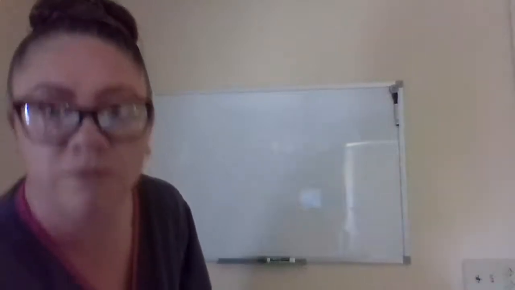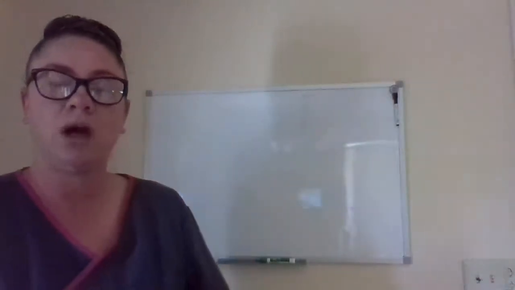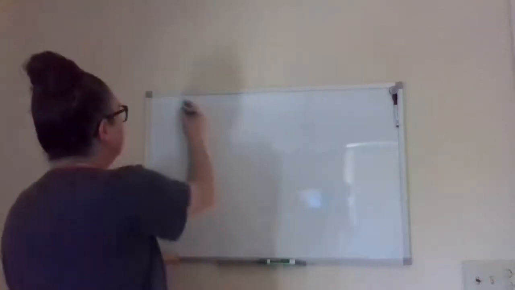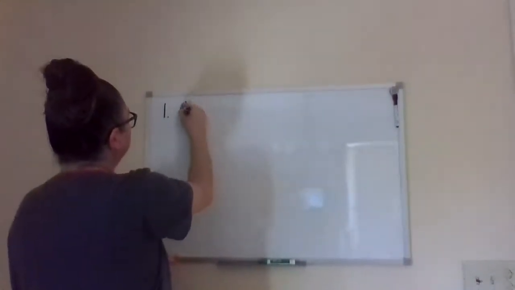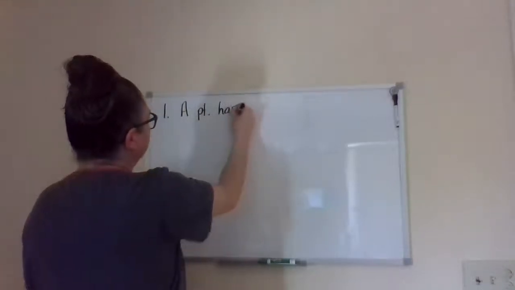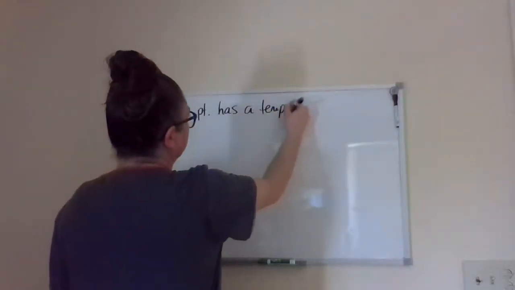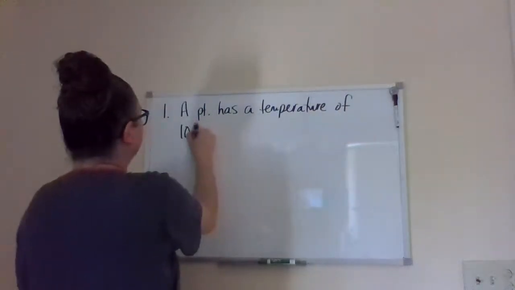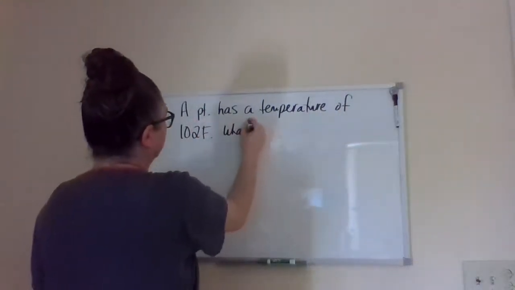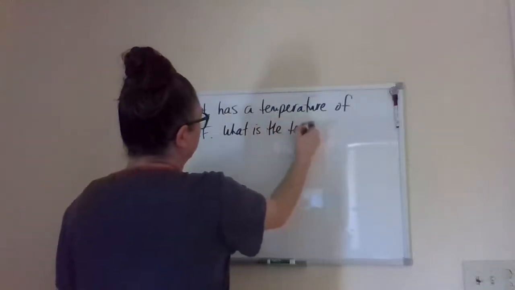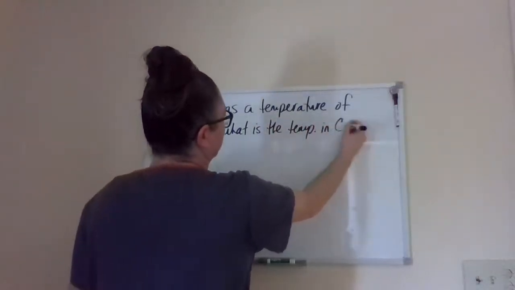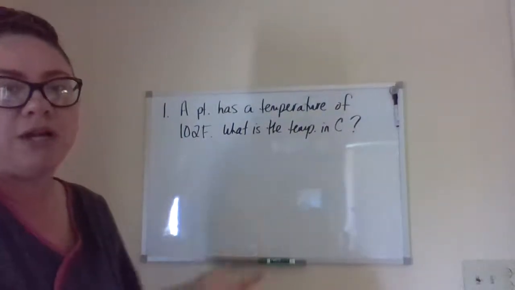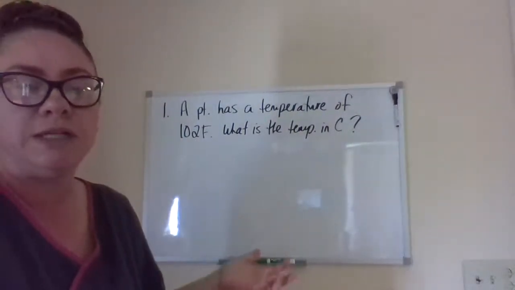Since the temperature conversions are pretty easy, I want to do a couple of examples of word problem conversions. You can see problems like this where it says a patient has a temperature of 102 degrees Fahrenheit.